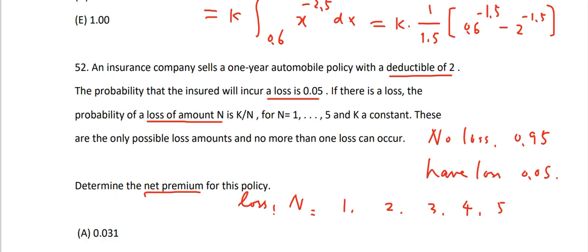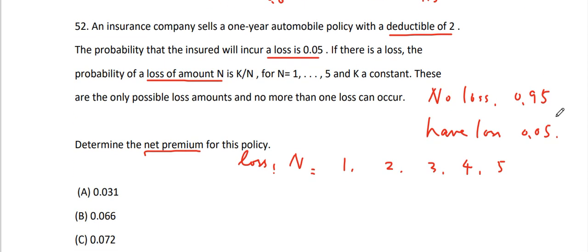And the probability for the loss being 1, 2, 3, 4 or 5 is, with k a constant, 1 over 1 times k, 1 over 2 times k, 1 over 3 times k, 1 over 4 times k, 1 over 5 times k.